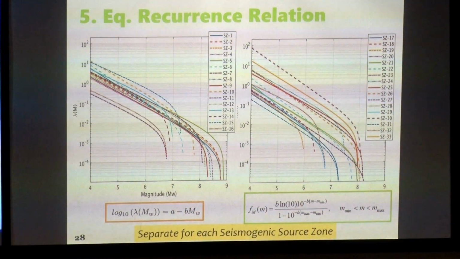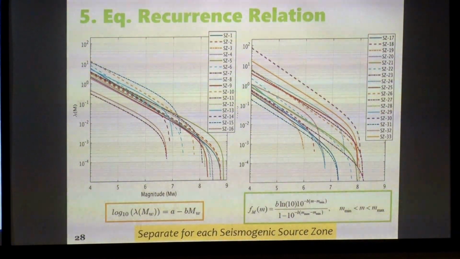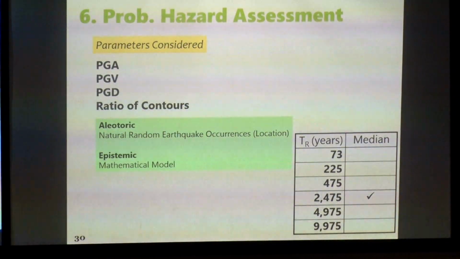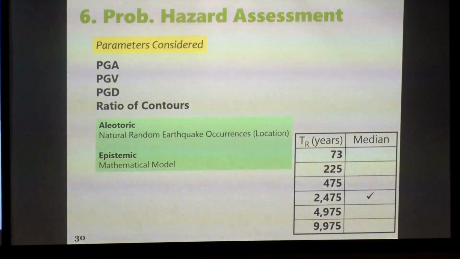Now, once these seismic zones are demarcated, the basic seismicity of each of these zones was studied. So the recurrence relations for each of these 33 zones were developed, statistical data were generated, and finally the probabilistic hazard assessment process got initiated.